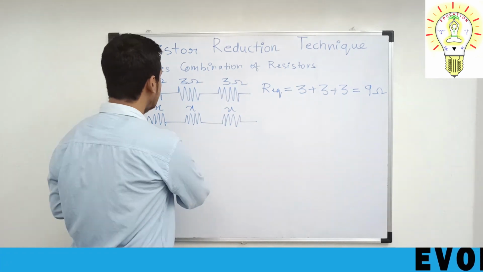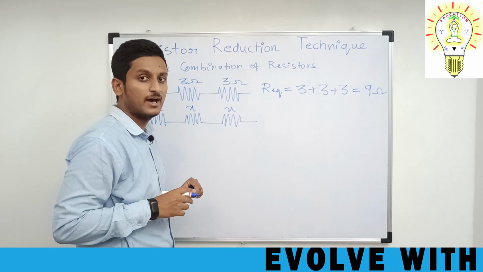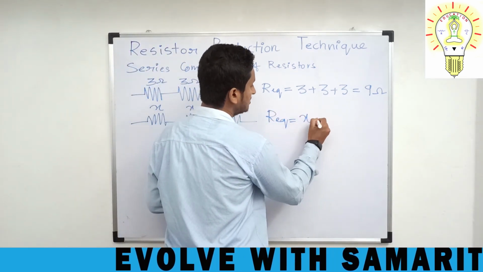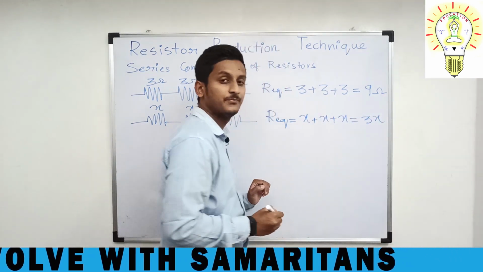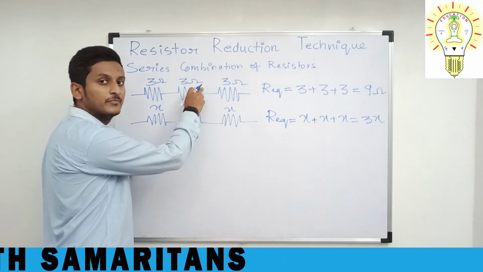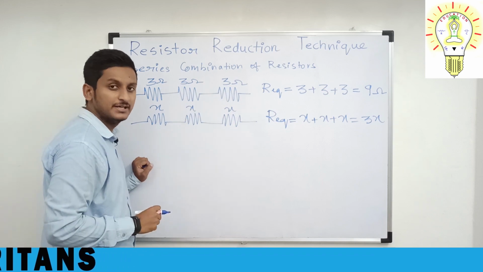Alright. Now these 3 resistors are connected in series. Now what is the formula for R equivalent? R equivalent will be equal to X plus X plus X, which is equal to 3X. Alright. Now look at this problem. Now we have got 3, 3 and 3 resistors. Isn't it?